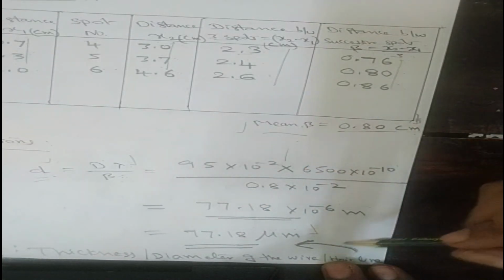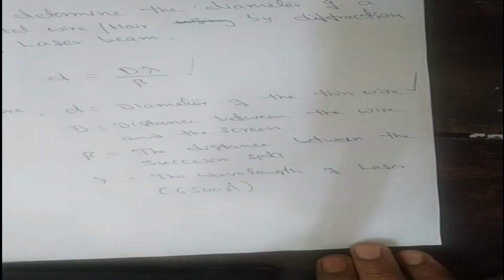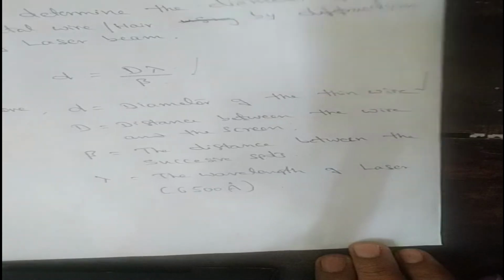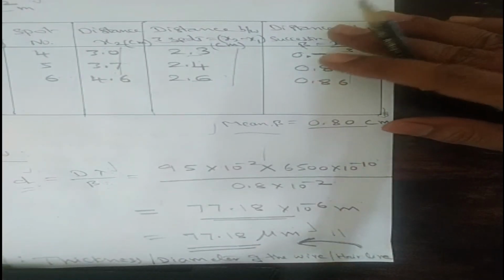Clear? So that is the final result in the experiment. So what is the experiment? The experiment is the laser experiment, diffraction of laser at straight wire. The experiment is completed once you get the value of thickness of the given wire. Clear? Thank you for watching.